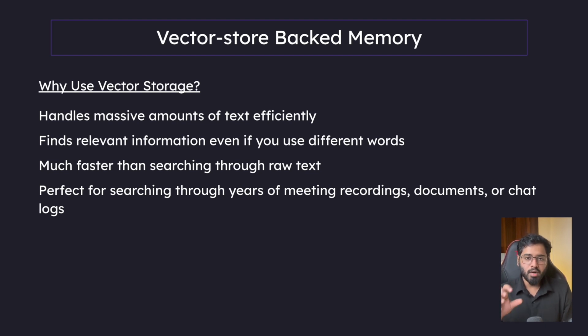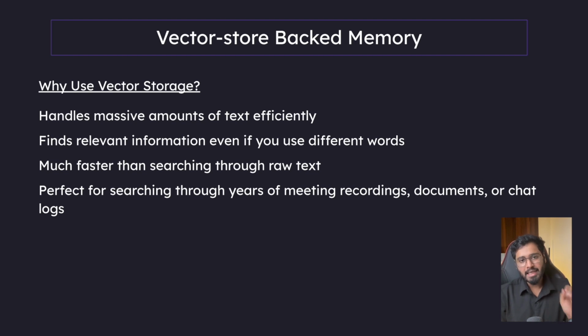If you want the AI to retrieve that particular thing alone, you can't dump all the text into the LLM prompt. It's not going to work out, because the context limit is nowhere near enough. That is exactly why we store it in a vector database, and then we can query it, and that serves as a memory for us. So this is the last type, which is the vector store backed memory.